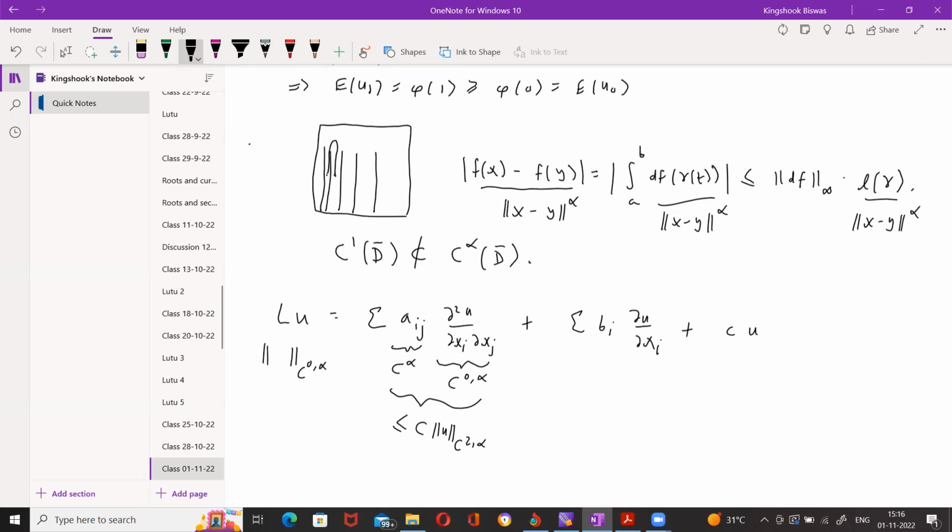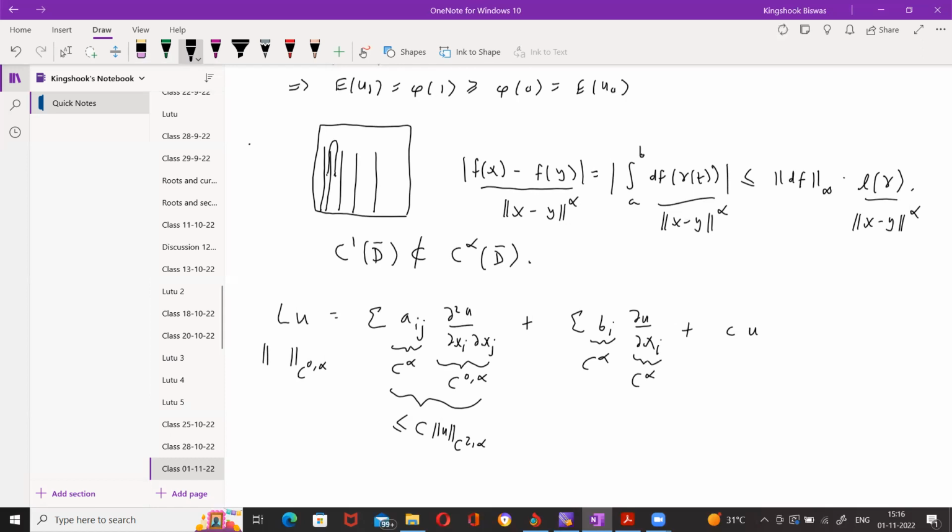Okay. And now when I look at this Bi's, these are in C alpha, and this del U del Xi, this is also going to be in C alpha, because by the interpolation inequalities, I know that the C1 alpha norm is finite, right?